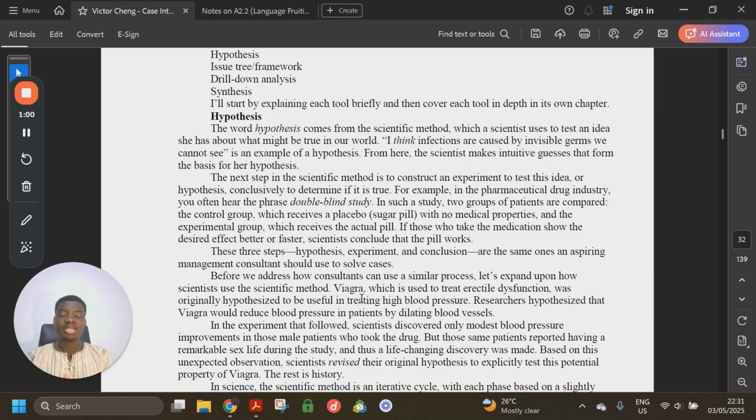So initially, the scientist, or in this case, the consultant, makes a statement and says, for example, all apples are red. Now that's an hypothesis. He thinks that all apples are red, but he then has to go ahead to test it. So you can think of an hypothesis as an initial guess based on what you observe. And then you have to test it to verify that it holds true in at least the majority of situations.